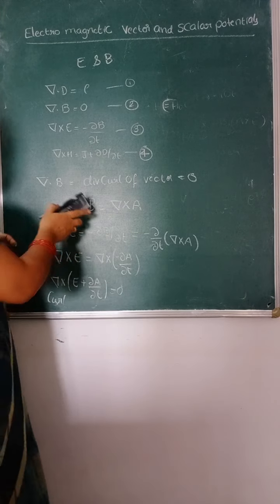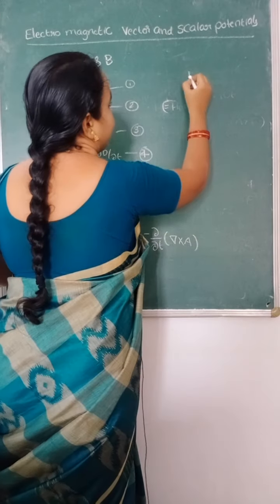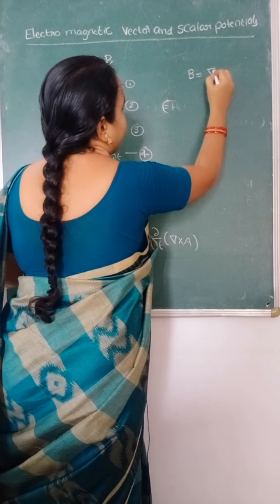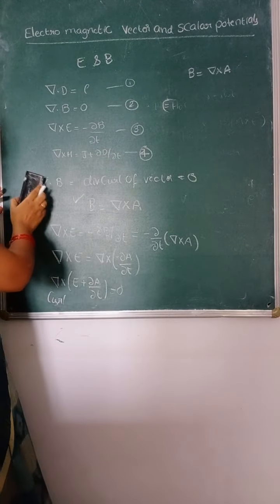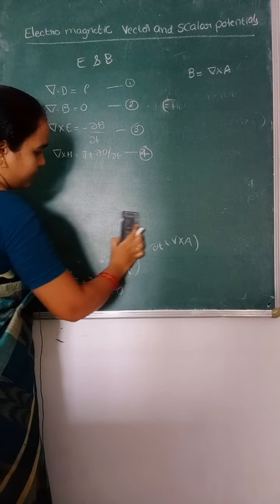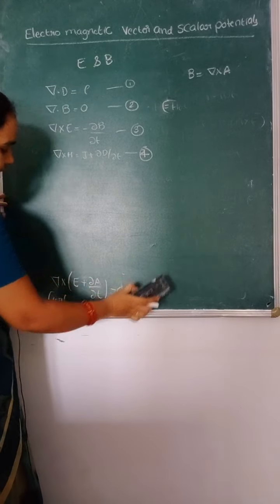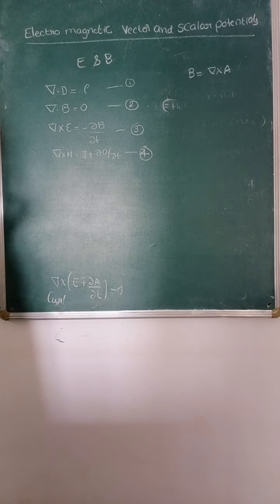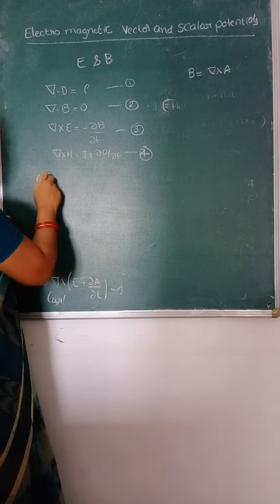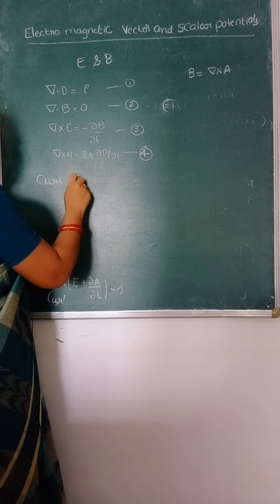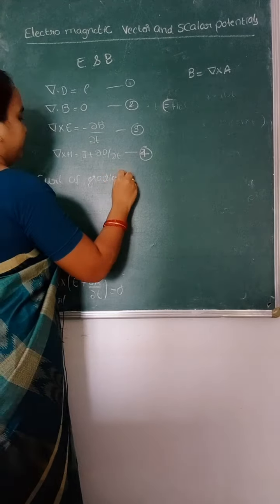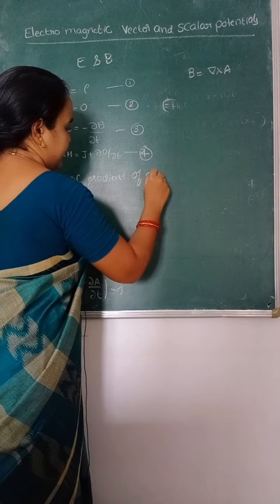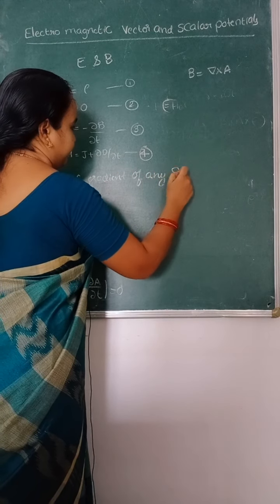So we have calculated the magnetic field vector in terms of one potential, called the vector potential, as B is equal to del cross A. By substituting this value, we got del cross of E plus dou A by dou t. One of the mathematical identities is that the curl of the gradient of any scalar is equal to 0.